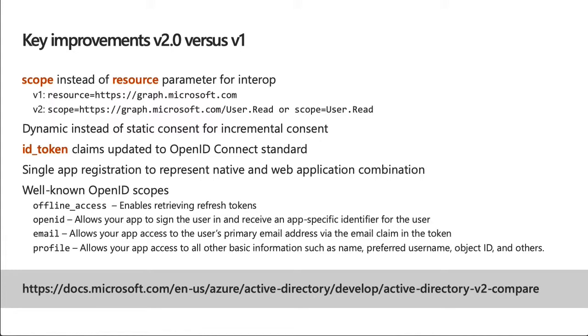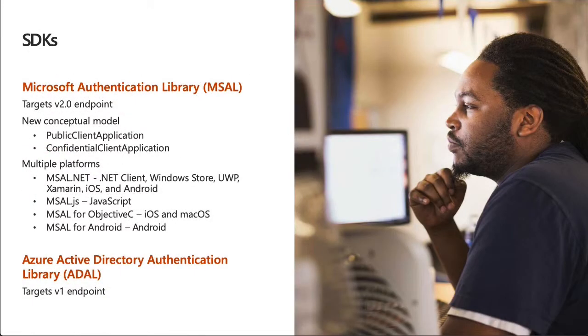And we can then open up all the different areas that we support for the different applications, such as representing a native and a web application if we wanted to. For more information, you can use that link at the bottom of the slide to learn more about the V1 versus V2 key improvements.